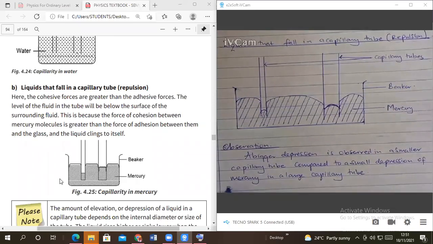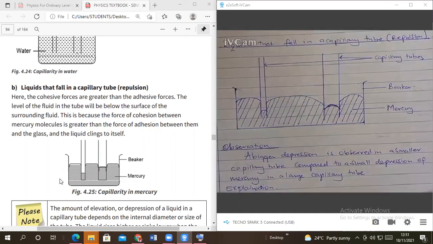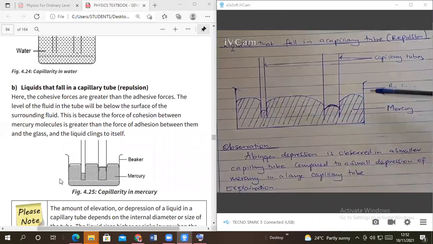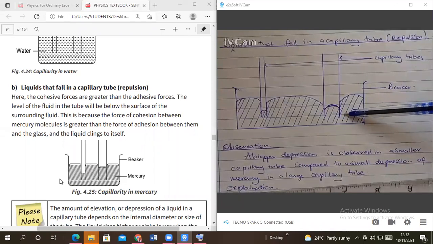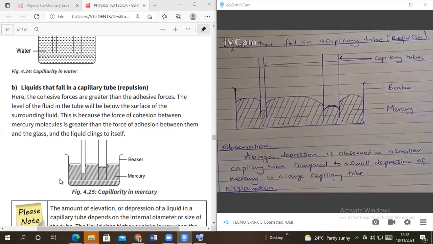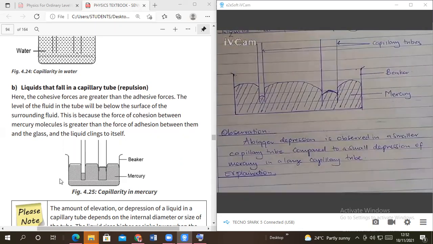And what's our explanation to that? If they ask you to write something about it, you may not say observation, but just write this is what we see: a bigger depression in a small capillary tube, and a less depression in a bigger capillary tube. So you have explained the diagram. Then you explain it in terms of the cohesion force and the adhesive force.